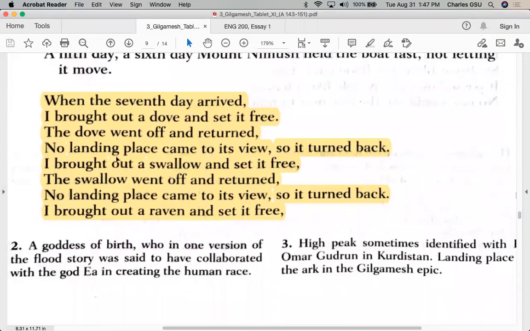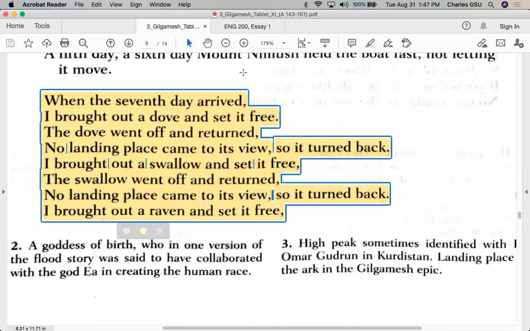11th tablet. And Uttanapishtim says, when the seventh day arrived, I brought out a dove and set it free. So if you recall, on the second video lecture, we talked about the story of Noah and the flood. And the dove is actually the last bird or creature that Noah sends out. He first sends out the raven, which of course is opposite in color of a dove.